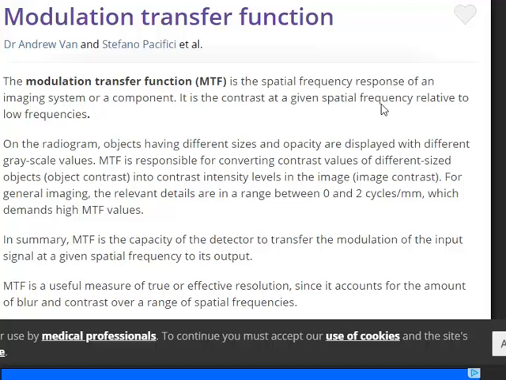It is a contrast at a given spatial frequency relative to low frequencies. On the radiogram, objects having different sizes and opacity are displayed with different grayscale values. Modulation transfer function is responsible for converting contrast values of different sized objects into contrast intensity levels on the image.